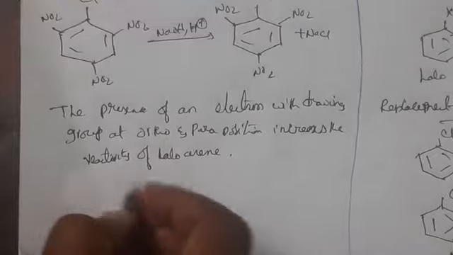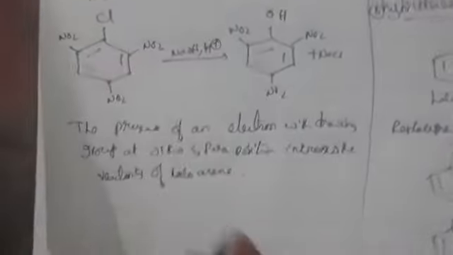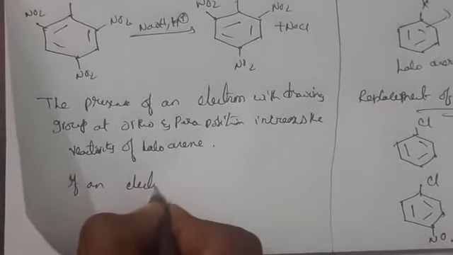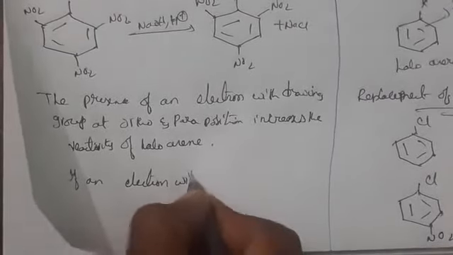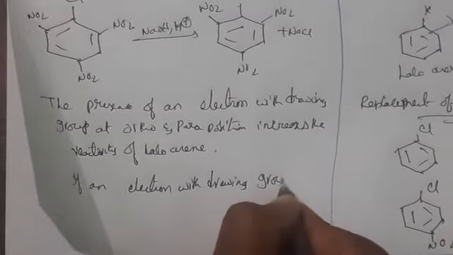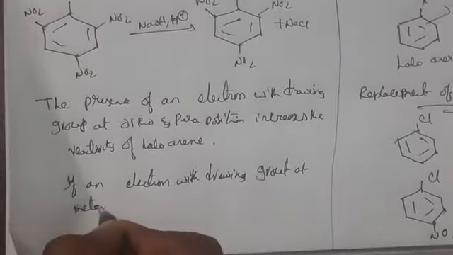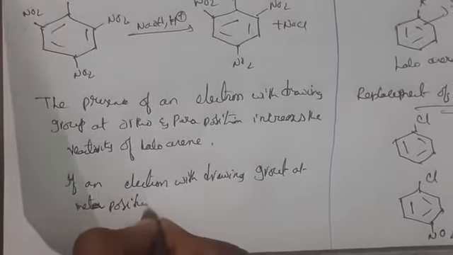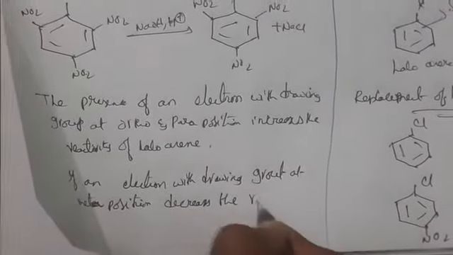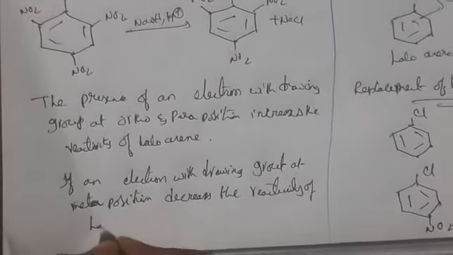Suppose a nitro group, the withdrawing group, is present at the meta position, these two being the meta positions. So we can say, an electron withdrawing group at the meta position decreases the reactivity of haloarenes.